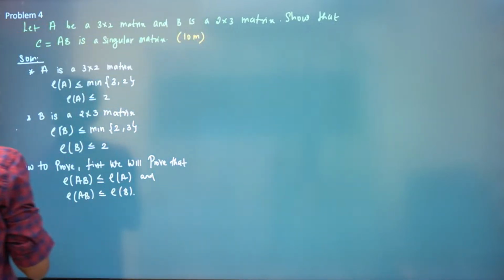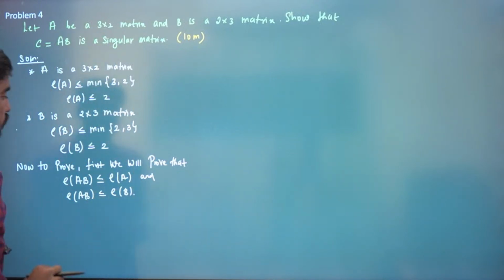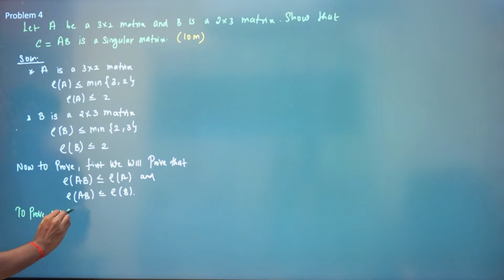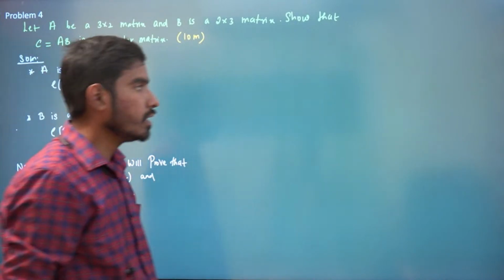So first we will prove this and then come back to the question. First we'll prove that rank of AB is always less than or equal to rank of A.